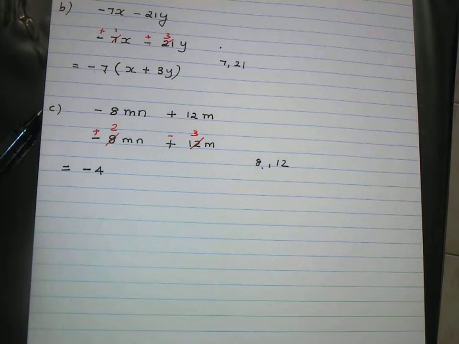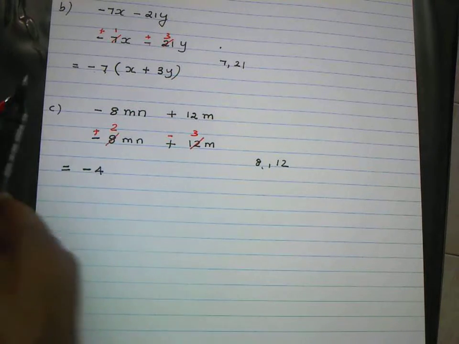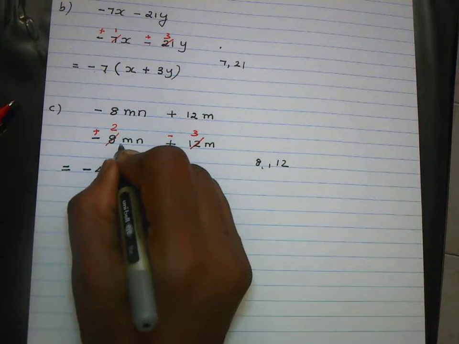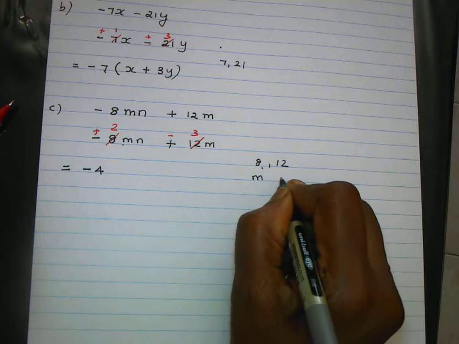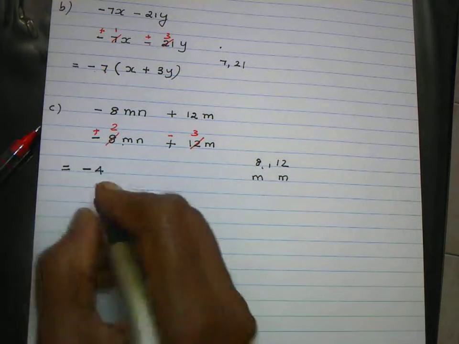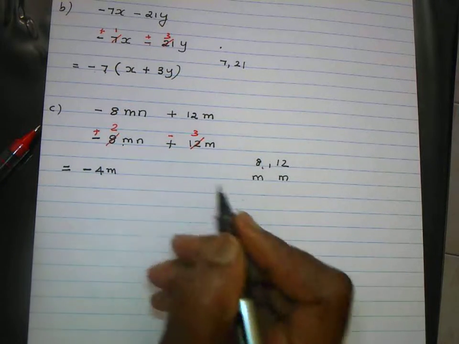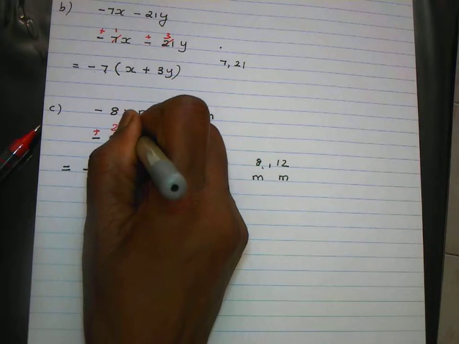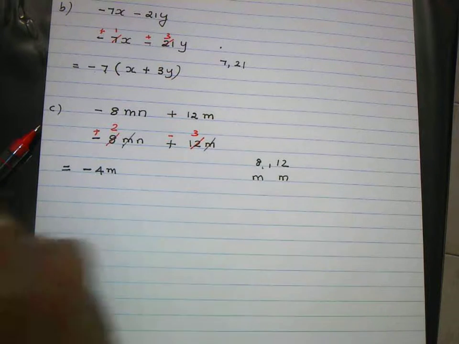We write that. Now next I have to look at the pronumeral part. I have m and m, like m and m, so that means m is common. I'm going to take m outside. If I take m outside, this m will disappear, this m will disappear.